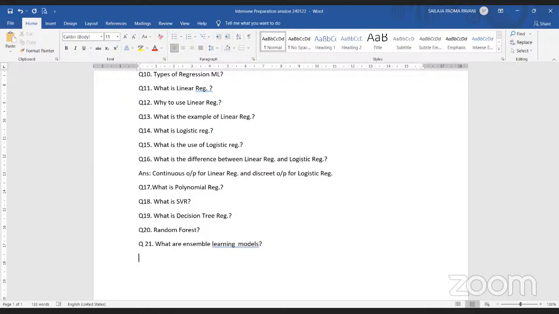If you give it in a sentence form, how can you do the process? Yes, random forest, AdaBoost, gradient boost, XGBoost, and all. Very good, Banu.